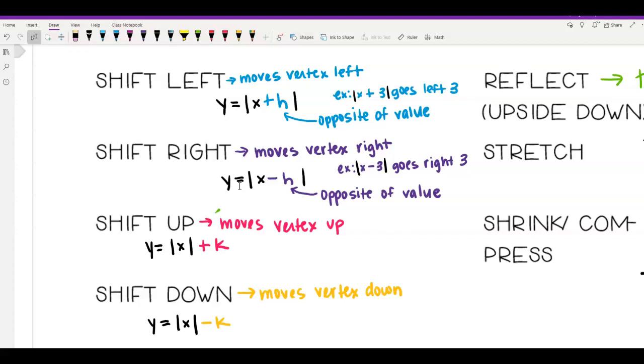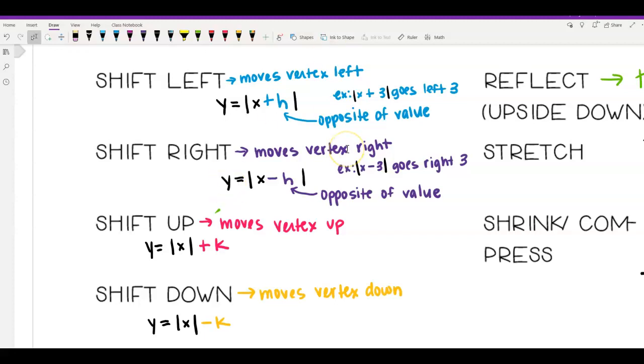If you want to shift right, you're going to subtract inside your absolute value. And again, that's the opposite. Normally we think -3 is to the left, but this is really to the right. If I want to shift up or down, then I'm going to add for up on the outside of my absolute value bars or subtract for down on the outside of my absolute value bars. So left, right, up, down, there's all the values that you're going to do, adding or subtracting.